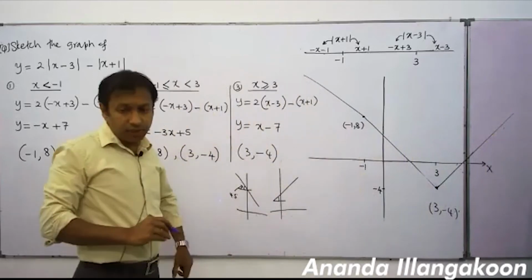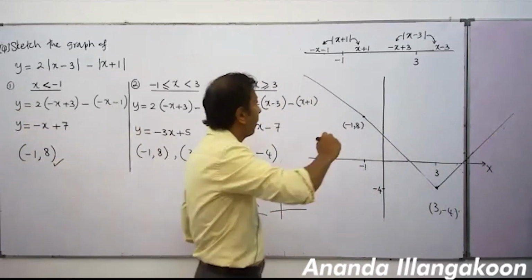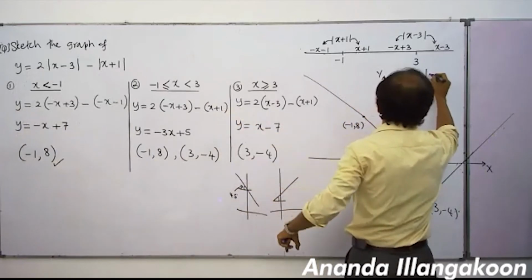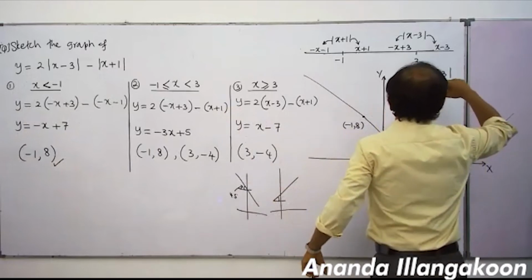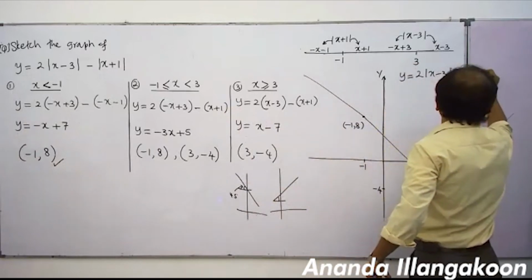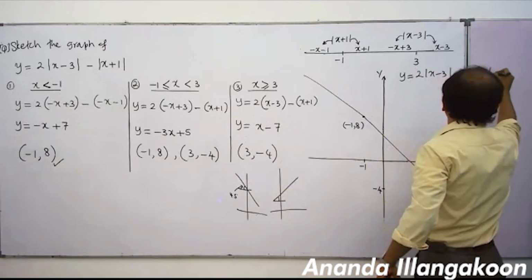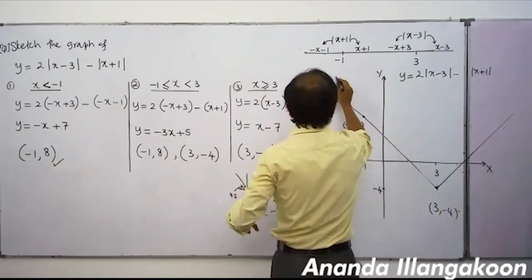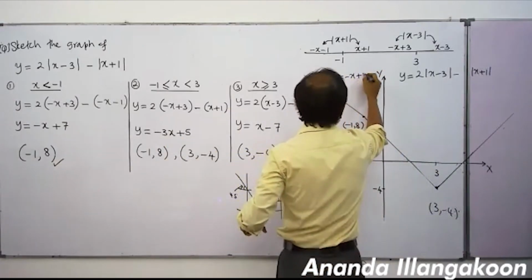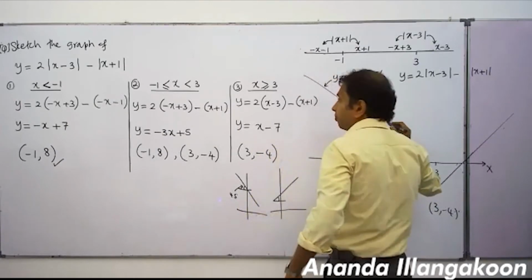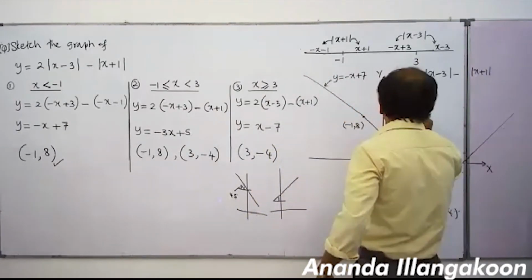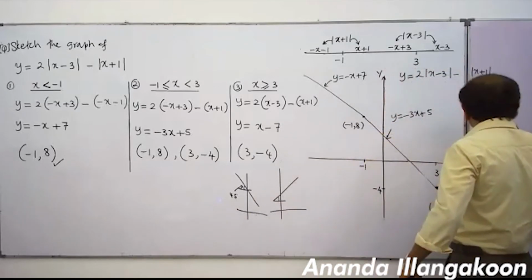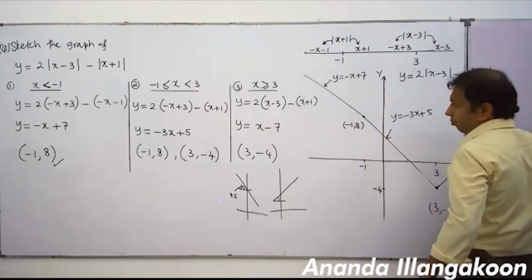The single equation for the graph is y equals 2 times mod x minus 3 minus mod x plus 1. If you take this line alone, its equation is y equals minus x plus 7. This one, y equals minus 3x plus 5. This one, y equals x minus 7.